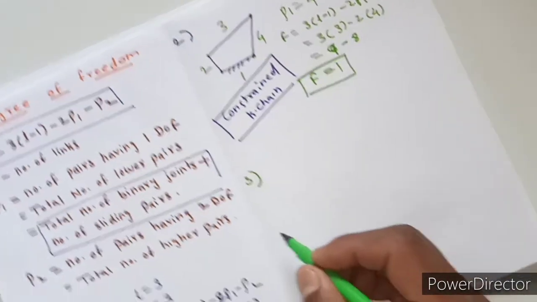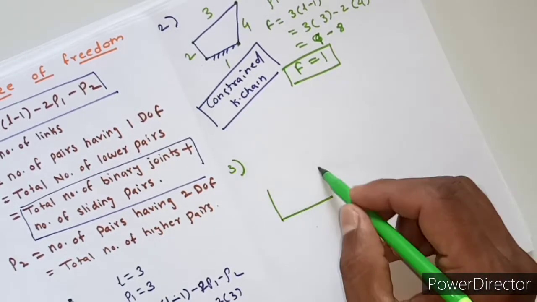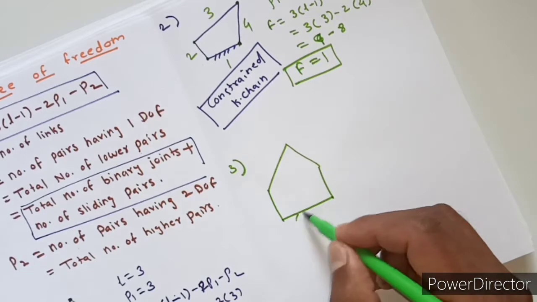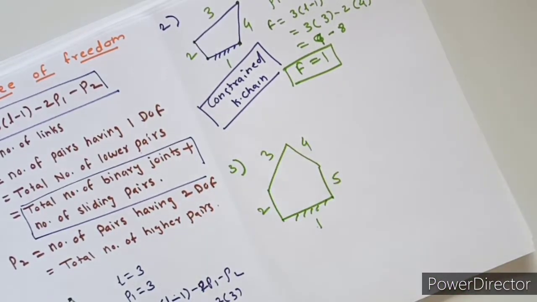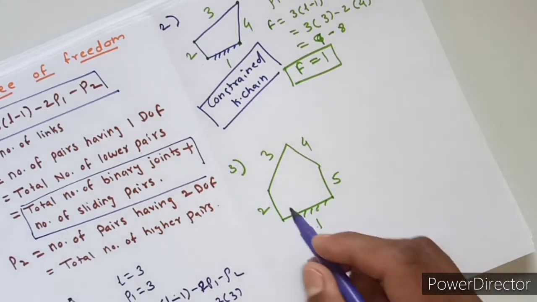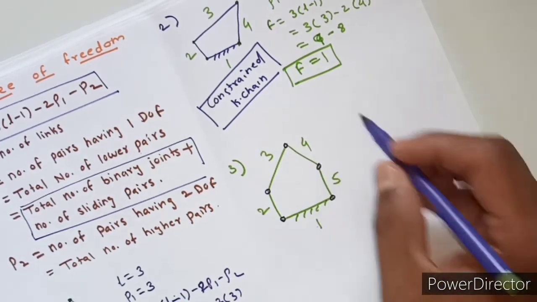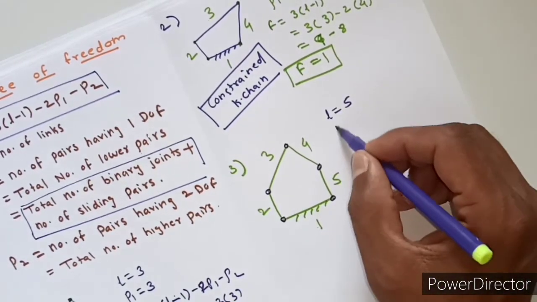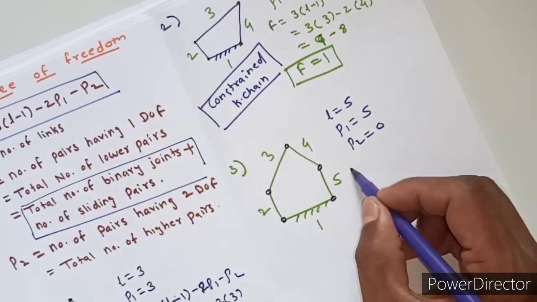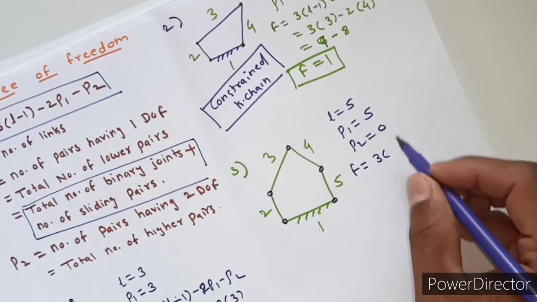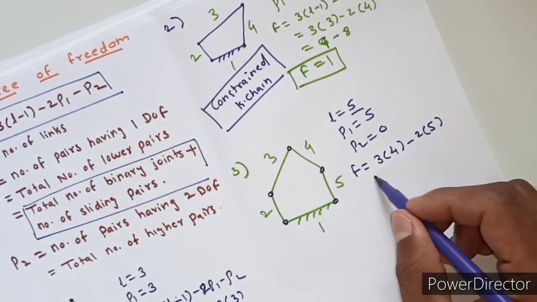Now example number 3, where we increase the number of links by 1. 1, 2, 3, 4, 5 links. We'll count the total number of binary joints or lower pairs: 1, 2, 3, 4 and 5. So L equals 5, P1 equals 5, P2 is 0. So degrees of freedom equals 3 times (L minus 1), which is 12, minus twice P1.